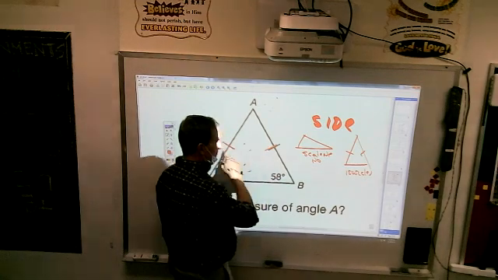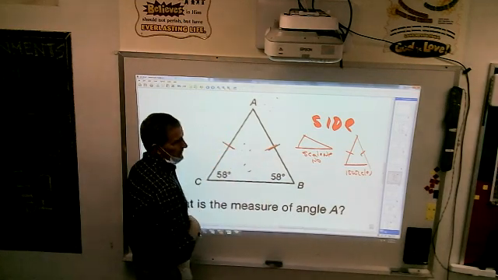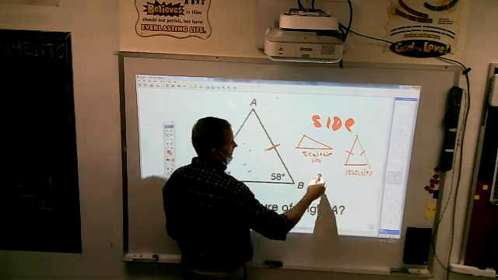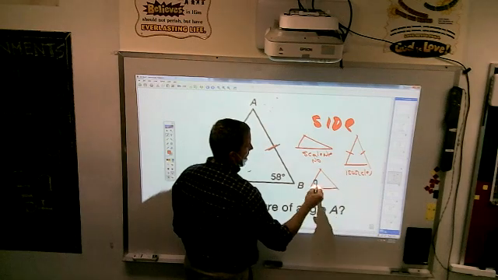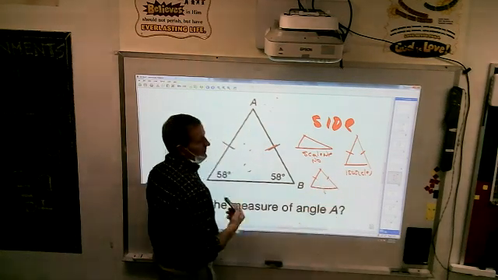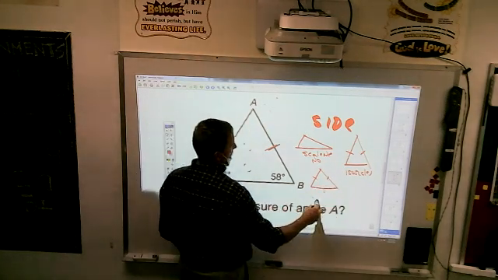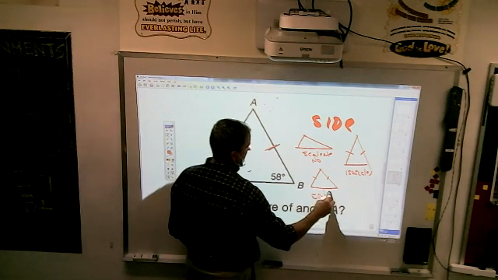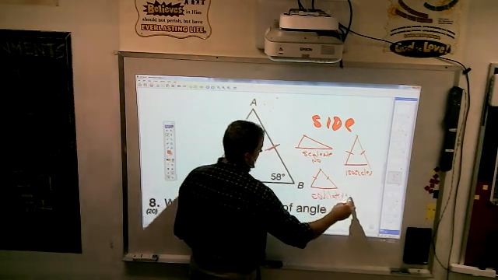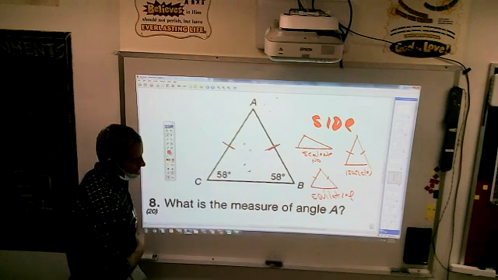There's only hash marks on that side. If by chance tomorrow's had all 3 sides with hash marks, that means all sides are equal. That is an equilateral one. And that should be in your notes already.